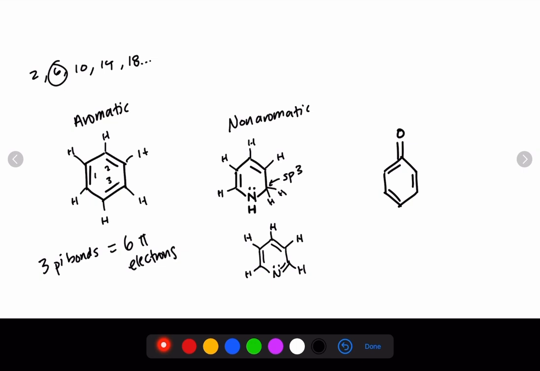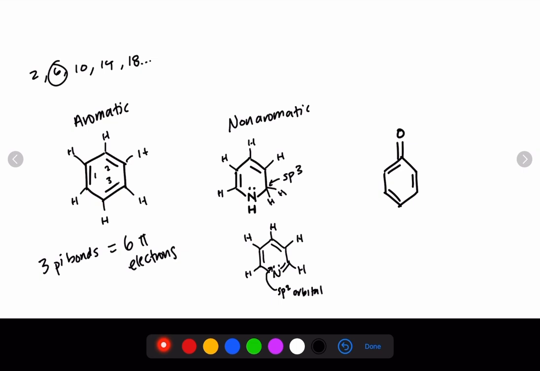There is a lone pair I see, so let's consider what orbital it's in. That lone pair on the nitrogen can't be in the p orbital because that nitrogen already has a pi bond. It's already connected. So the p orbital is full, so that lone pair is actually going to be in an sp2 orbital. So we don't have to worry about that one when we're counting pi electrons.